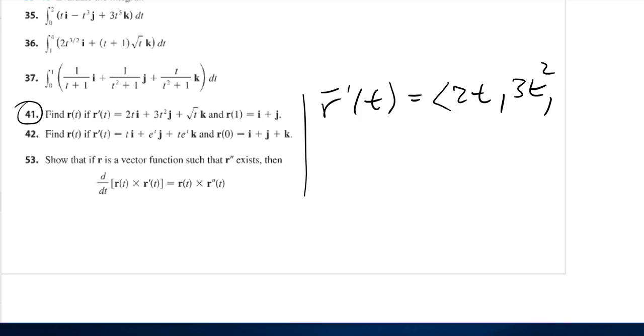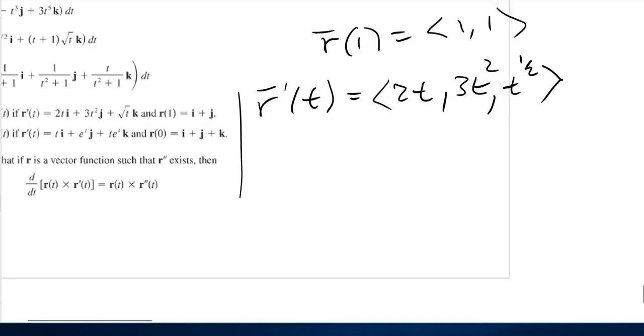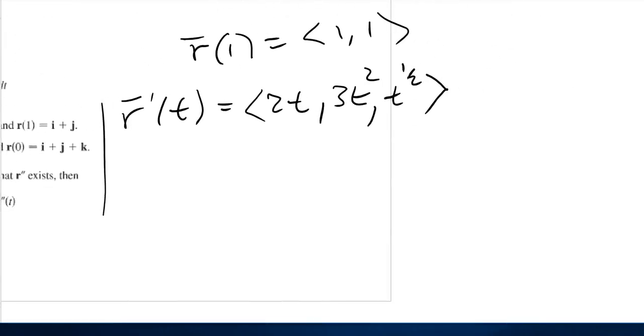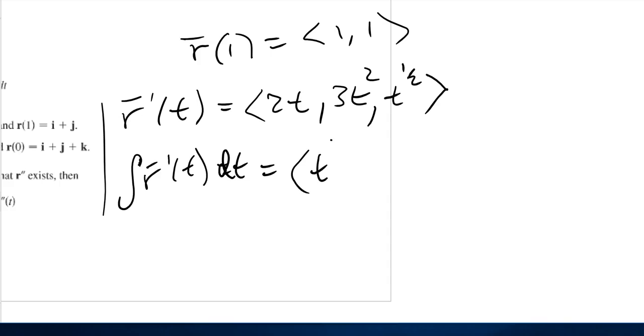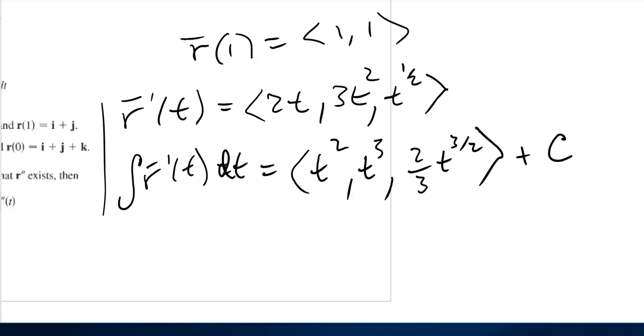Let's write it as t to the 1/2, because we're going to have to integrate this. And then it says r of 1 is 1 comma 1. So when you do this, you take the integral of r prime of t dt, you're going to get t squared, t cubed, and then add 1, divide by it. So that's 2/3 t to the 3/2 power, plus a constant.